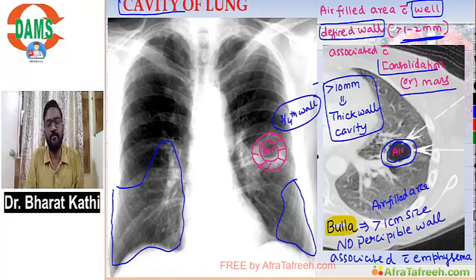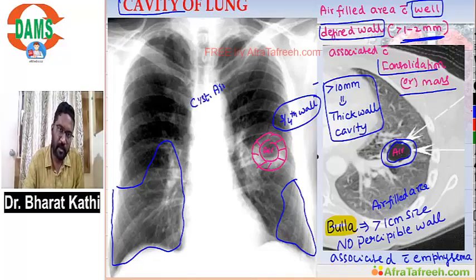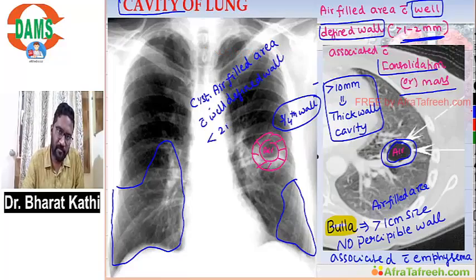I'll also write the definition of cyst. Cyst is usually an air-filled area with a well-defined wall, usually less than 2 mm in dimension.